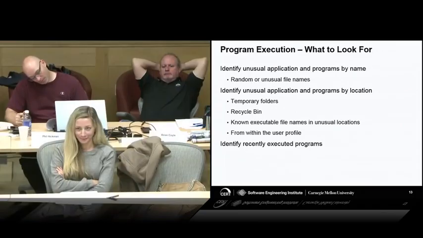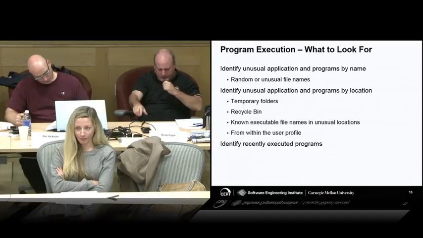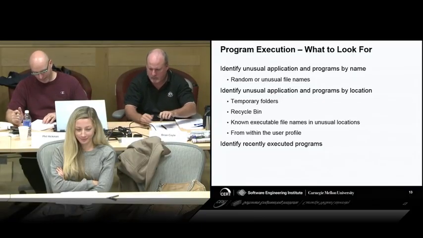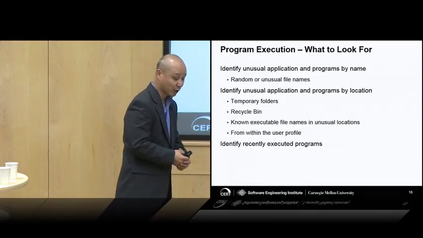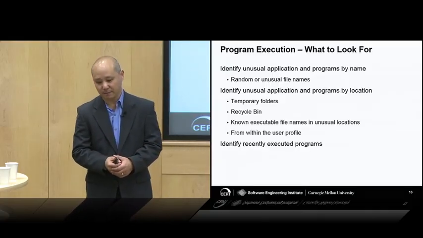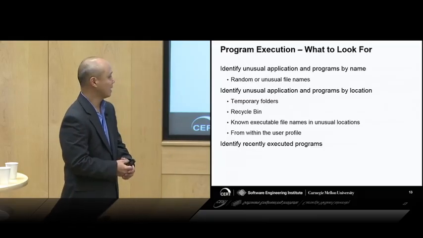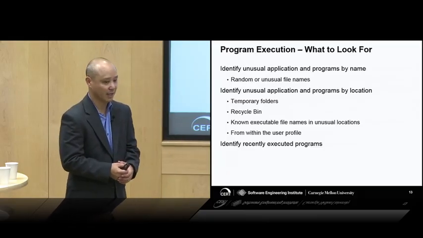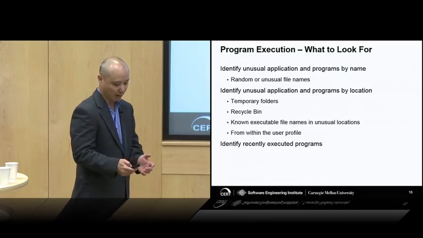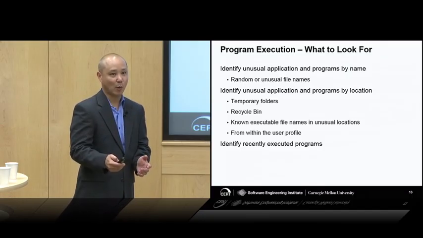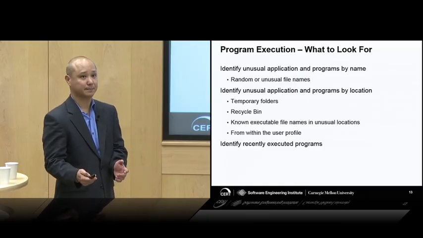And then from within the user profile, sometimes you can figure out some information using that. And then identify recently executed programs. If you're close enough to what you consider to be the beginning of an incident, then perhaps you can figure out executed programs based on the timing of when they were actually executed.